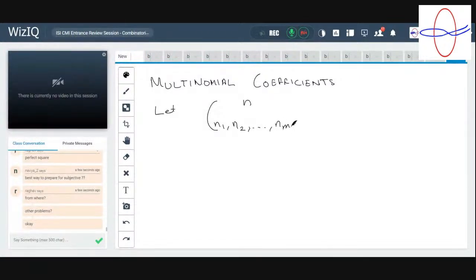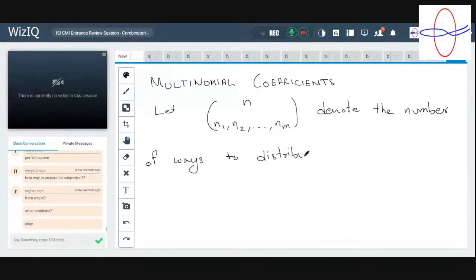Let n1, n2, ..., nm. So we don't really know what this is right now. I'm defining it. Denote the number of ways to distribute n distinct objects, if n distinct objects should be correct.